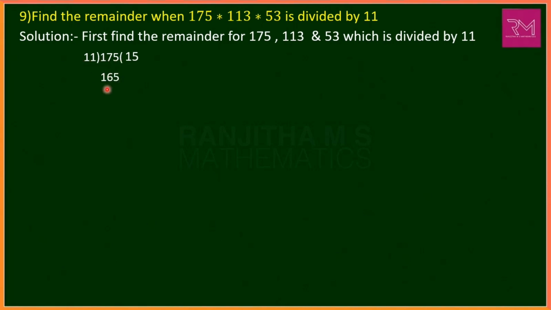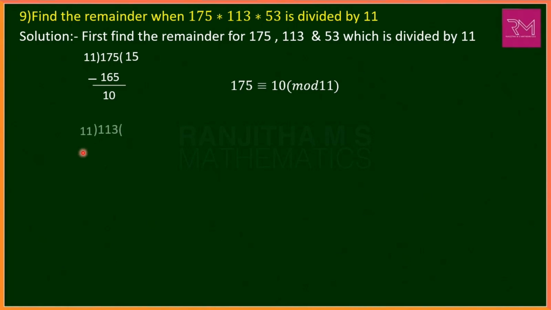Next, we subtract 165 from 175 and get 10. This is the remainder. So 175 is the dividend, 11 is the divisor, 15 is the quotient, and 10 is the remainder. So we can conclude that 175 is congruent to 10 mod 11.